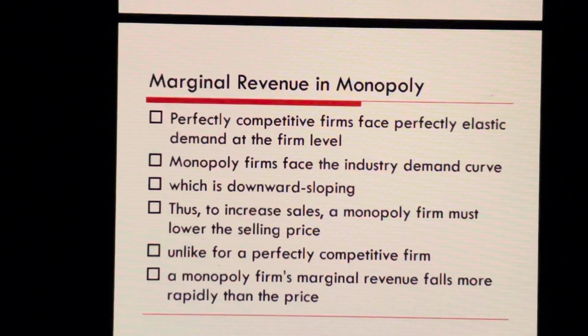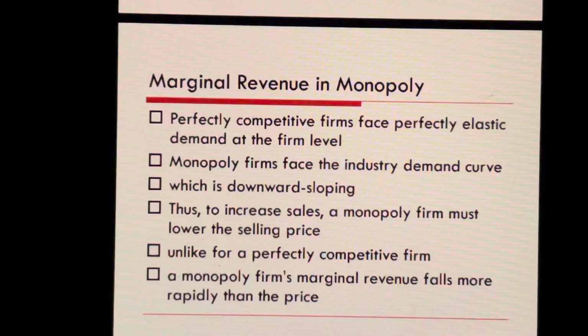Thus, to increase sales, a monopoly firm must lower the selling price. Mostly they lower their prices when they sell more units, cheapening the cost per unit.